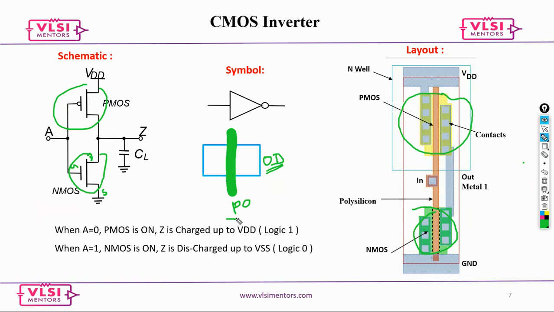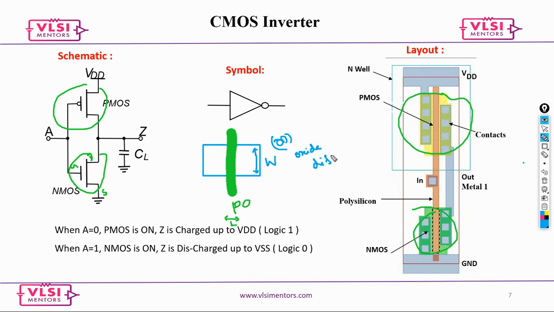This particular thing is nothing but your length, and this is basically your width. Now, what is that layer? This is oxide diffusion.